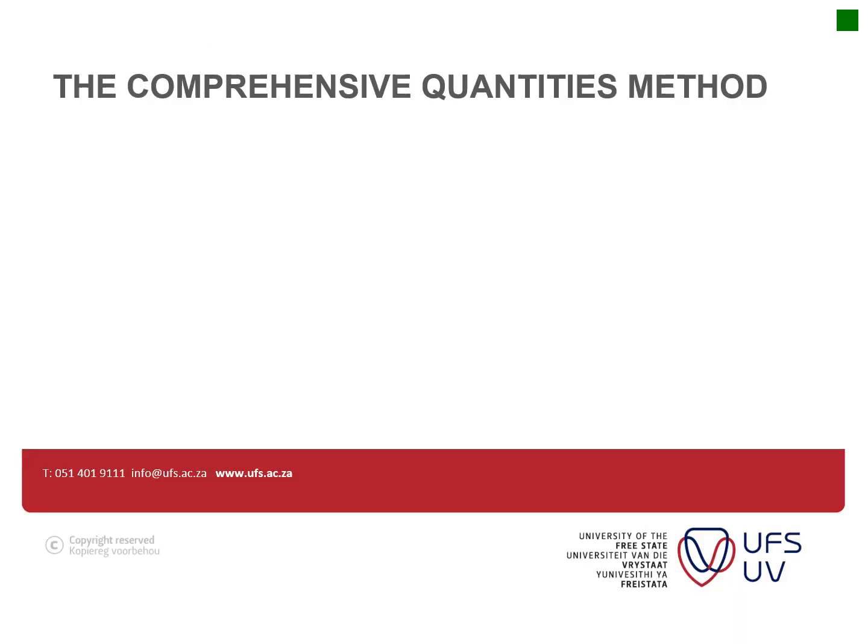Okay, so that's more or less the theory on the elemental method up to component level. The next one that I'm going to talk about is the comprehensive quantities.